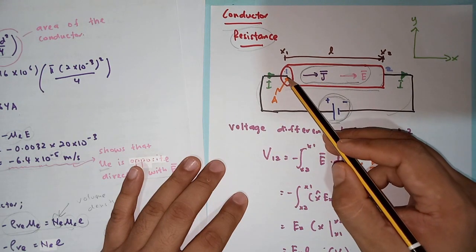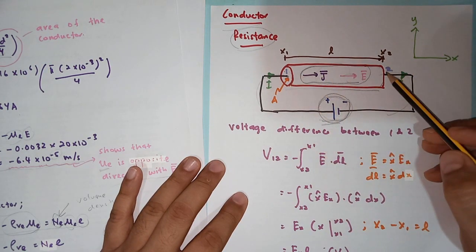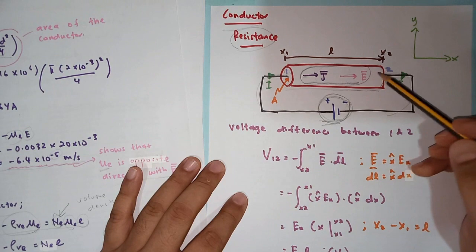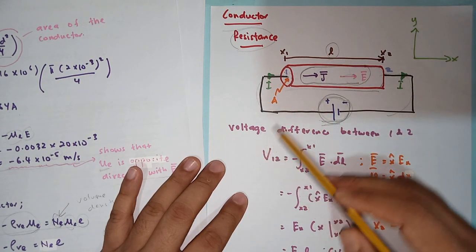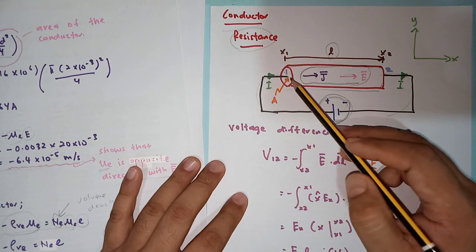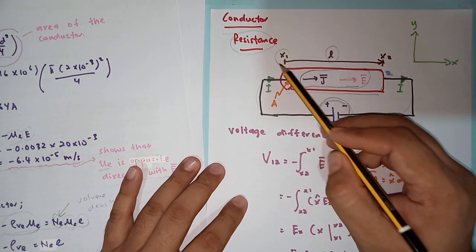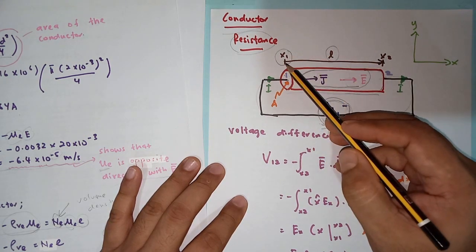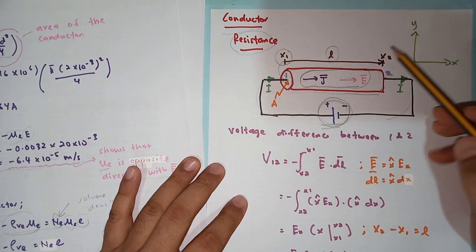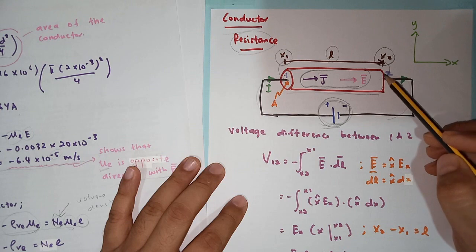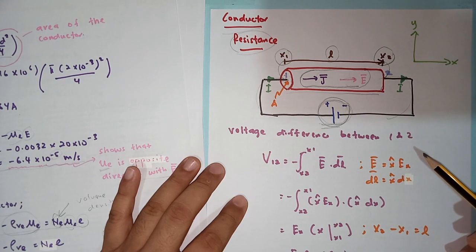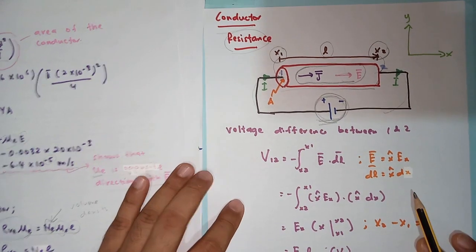We have the first point here and the second point here, and the length of this conductor is equal to L. The length of the conductor is measured from the point x1, which represents the first point here, and ends at the point x2, which represents the point here.